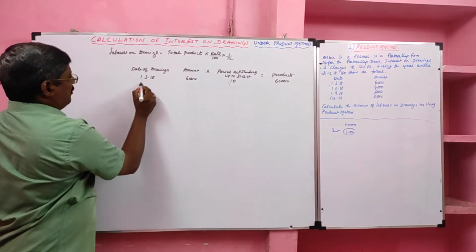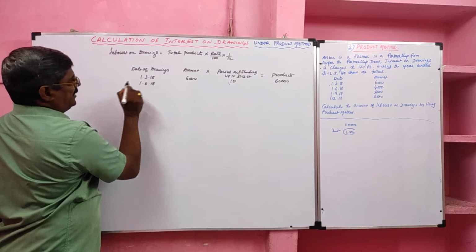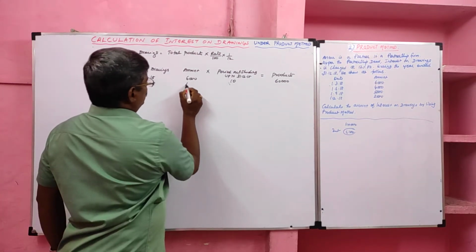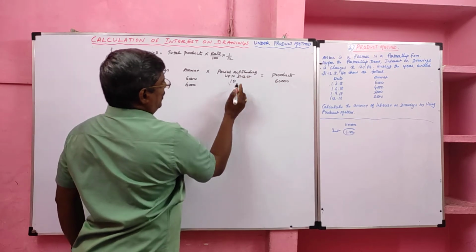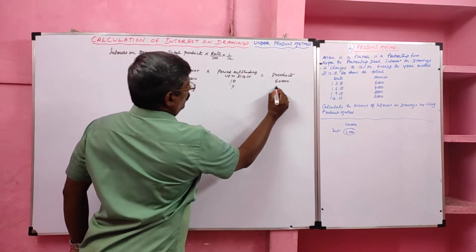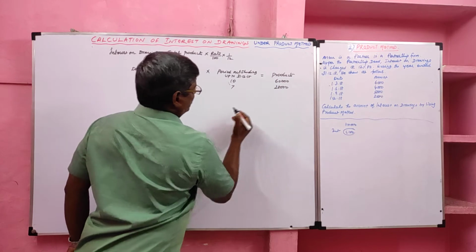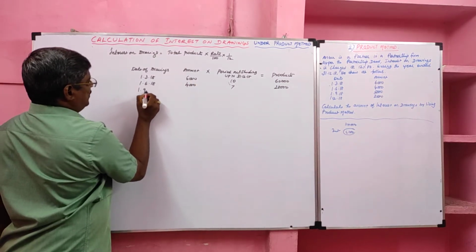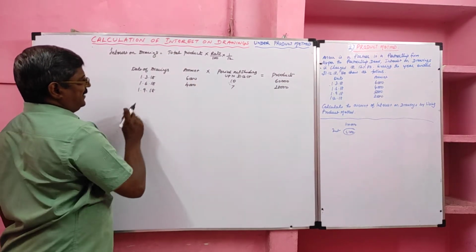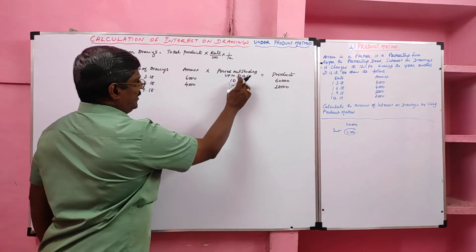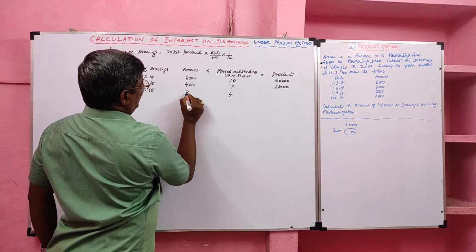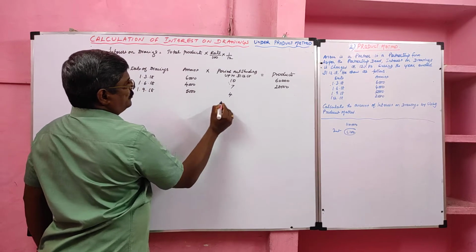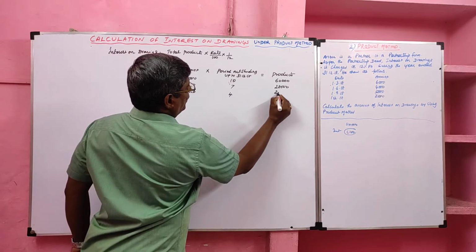Then the second drawing on 1st June 2018, the value 4,000. Period outstanding 1st June to 31st December is about 7 months. Total value 28,000. Third drawing on 1st September 2018. 1st September to period ending, how many months? 4 months. The value of drawing 5,000. So 5,000 into 4, 20,000.